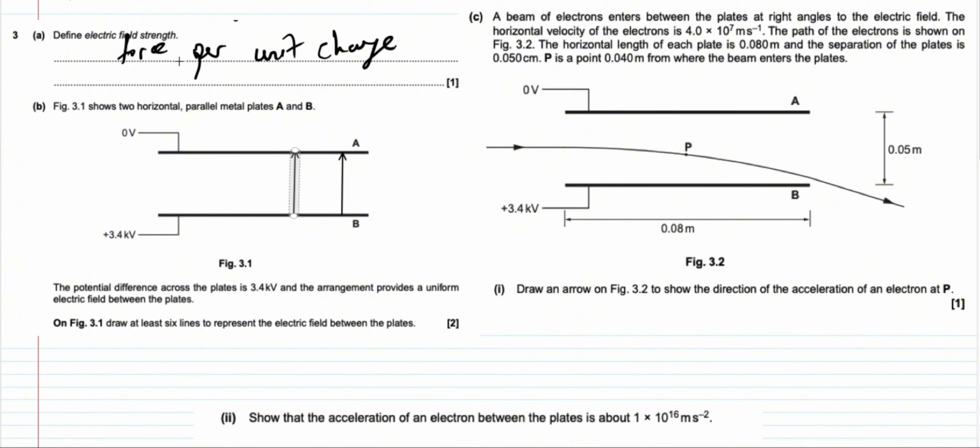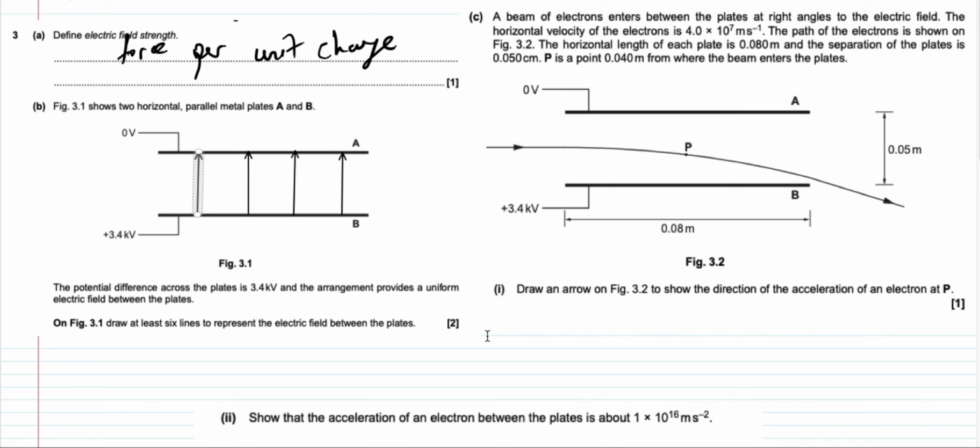All right, so this is how your field lines should look. Of course, they say at least 6. Now your field lines run generally from the positive plate to the negative plate. So this is what we're expecting to do. Obviously, you can put in the rest; it says at least 6. So it doesn't have to be exactly 6, but at least 6.